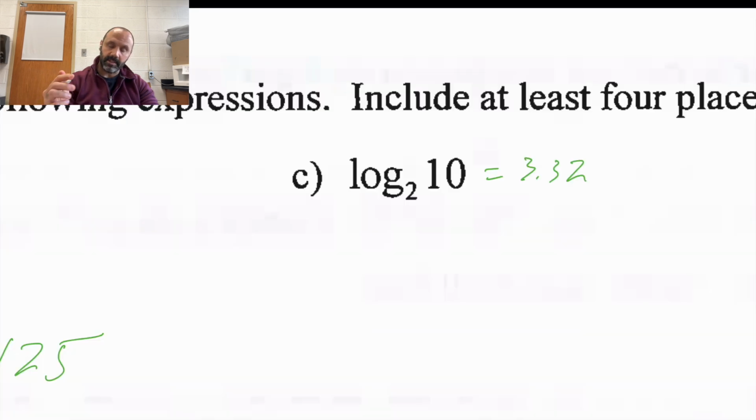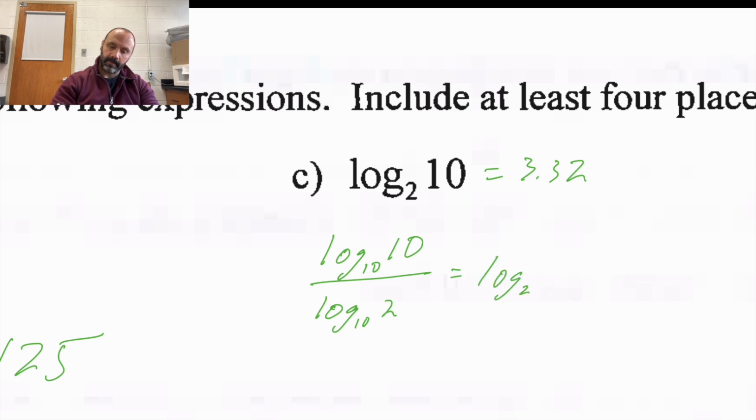So again, the idea here is that log base 10 of 10 over log base 10 of 2 is equal to log base 2 of 10. Why that works, we'll get into later, but I'm just showing you for now as you're putting things into calculators. There are other ways of changing the base in calculators, but each calculator is different and it can be a little bit of a pain.